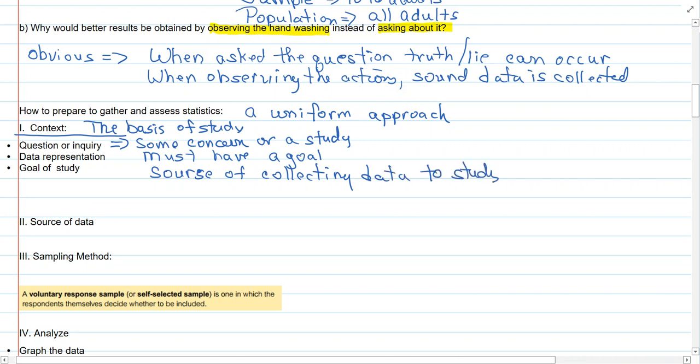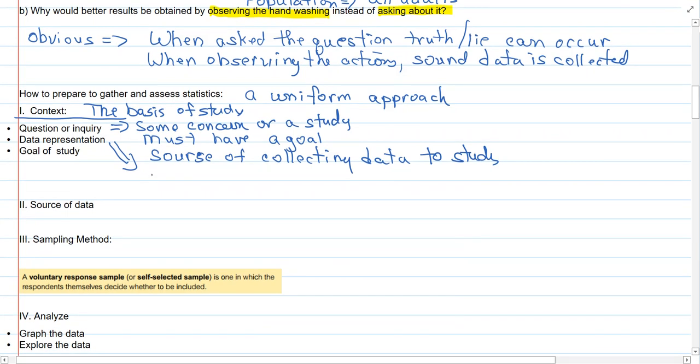So those are two criteria under the question or inquiry. Then we must have our data representation. And our data says if it's a population or a sample, and the logistics of getting it.